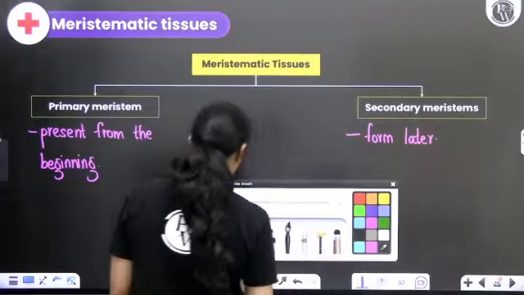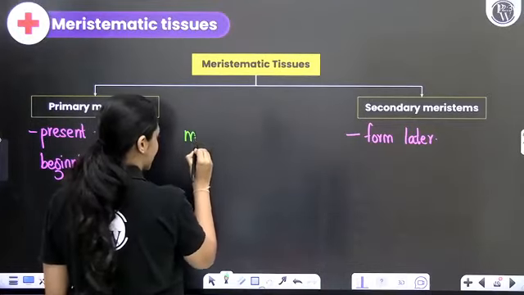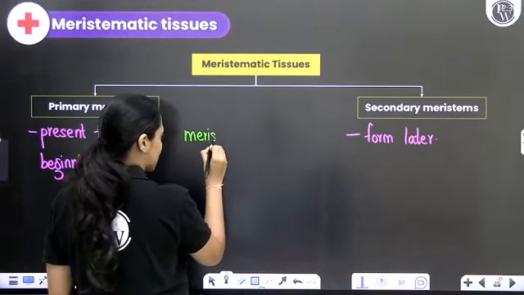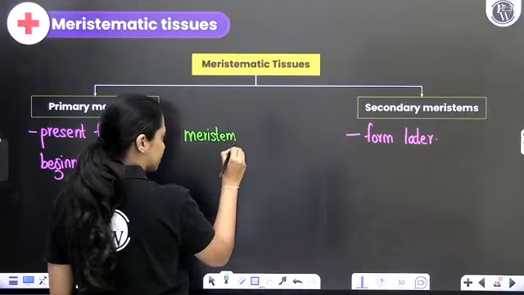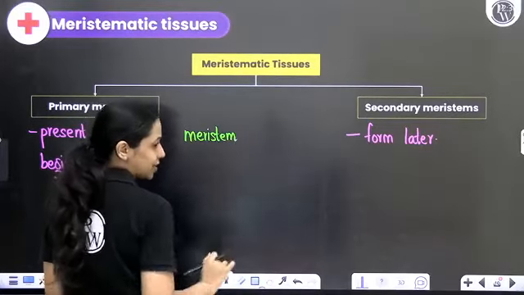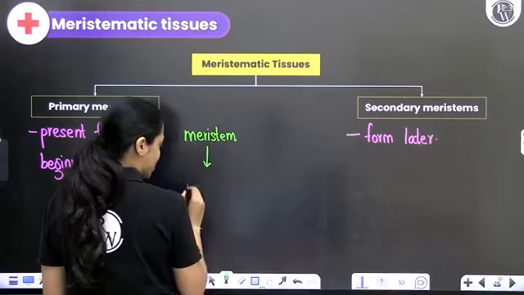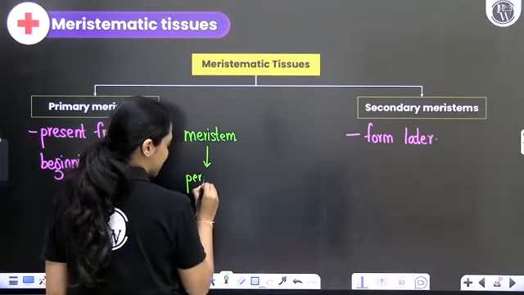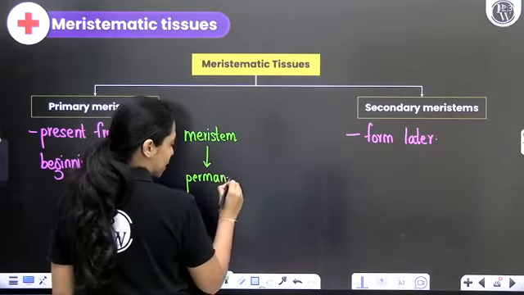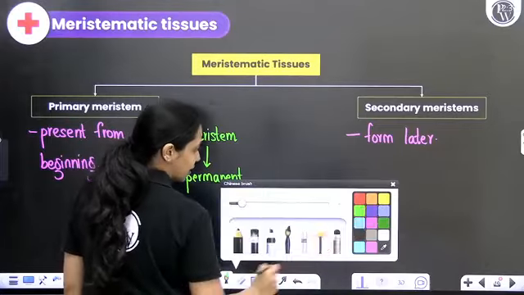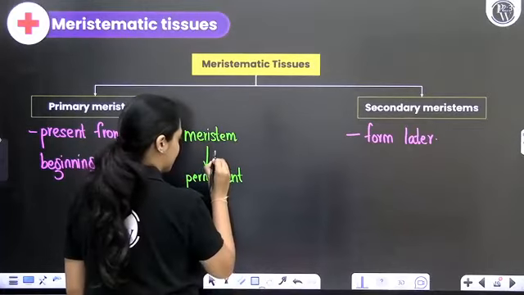When you have a meristematic tissue, that means it has the ability to divide. It will give rise to some permanent tissue, let's say. This process is called differentiation.